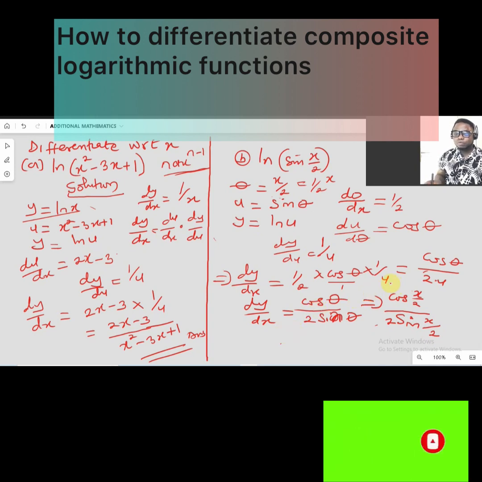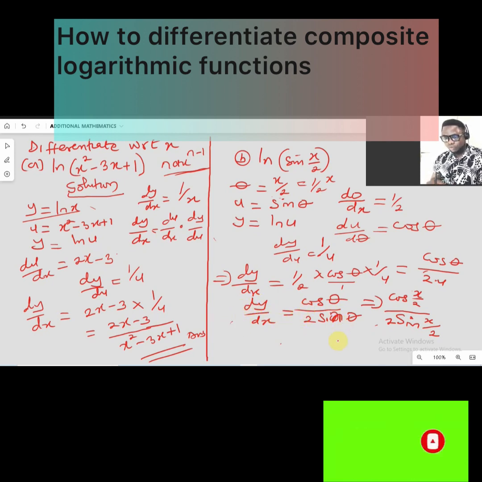Now, looking at this expression, I can simplify because this is cos over sine. Cos over sine, they have the same x over 2. In trigonometry, cos over sine is the same thing as cot, because you know sine over cos is the same thing as tan. So the inverse of tan is cot.